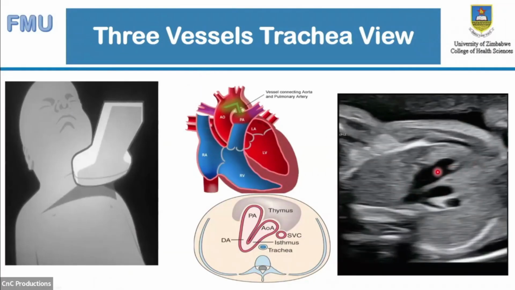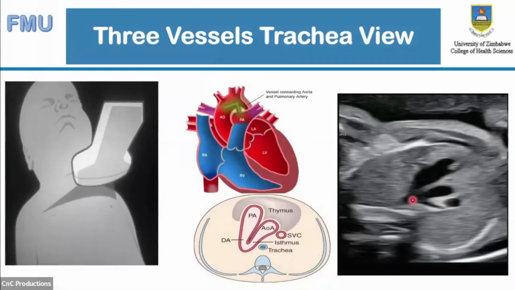So we assess for arrangement of the vessels, we assess for size of the vessels, and we assess for direction of blood flow. So the main pulmonary trunk and the ductus arteriosus, then the aorta second, and then the superior vena cava. This is the arrangement that we expect to see with no other vessels in between.